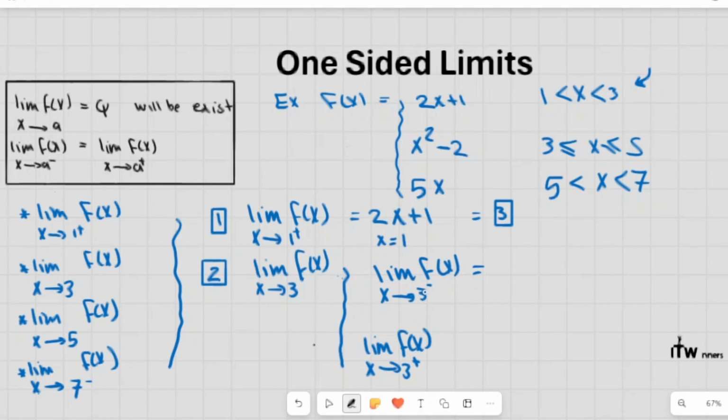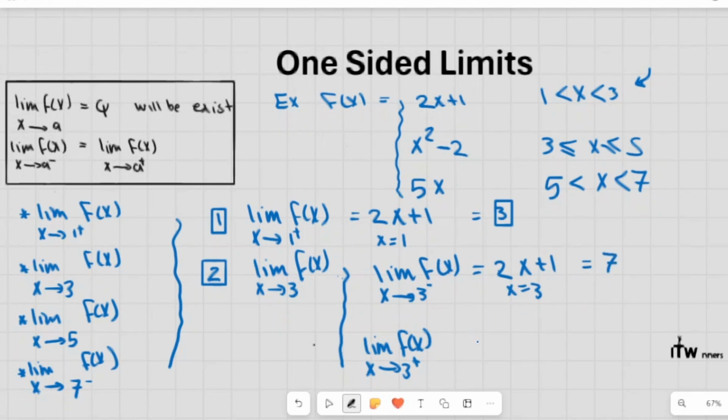Okay, so from the negative side it is defined on this interval, so this will be equal to 2x plus 1, here x equal to 3, this will be equal to 7.